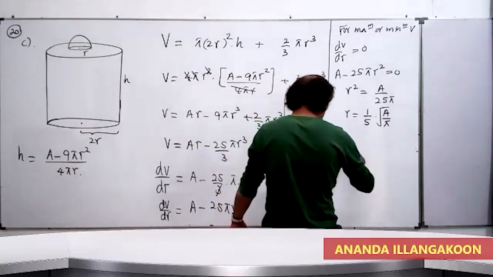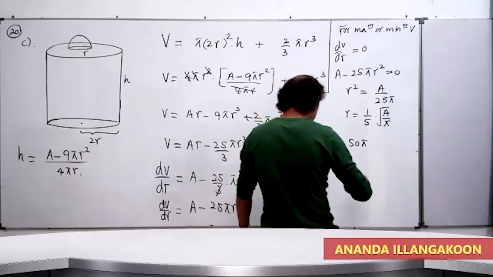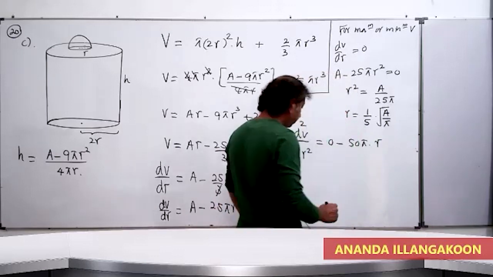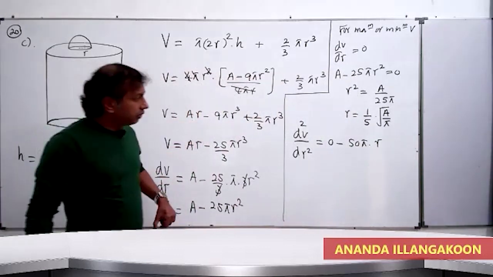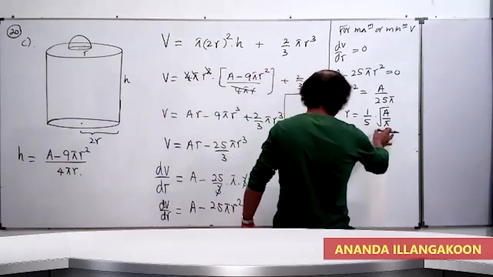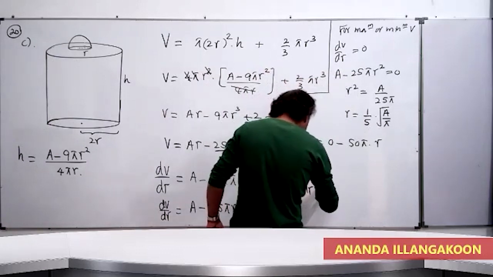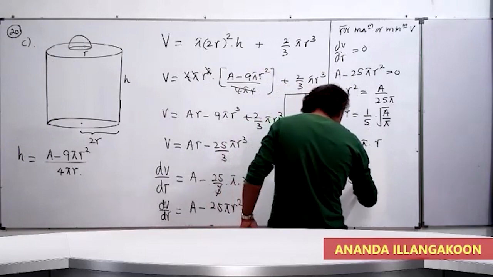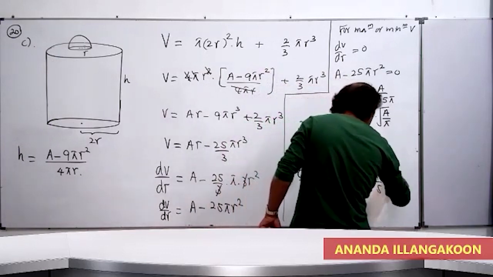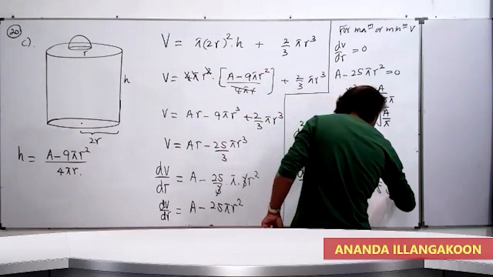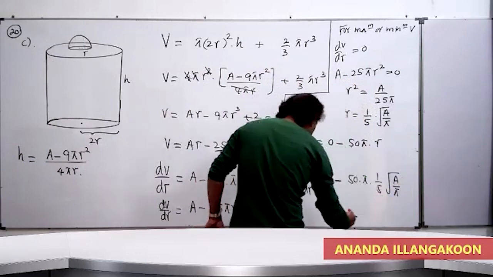Here 50 pi times r. r is that figure. This is a positive quantity. Minus 50 pi times r, 1 upon 5. This, people, you can see because of this minus sign, the whole thing is negative.